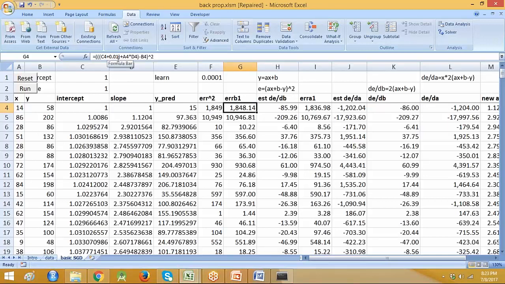Now, if I have increased the value of intercept by 0.01 and we do the same error squared exercise, what does this 1848.14 mean?